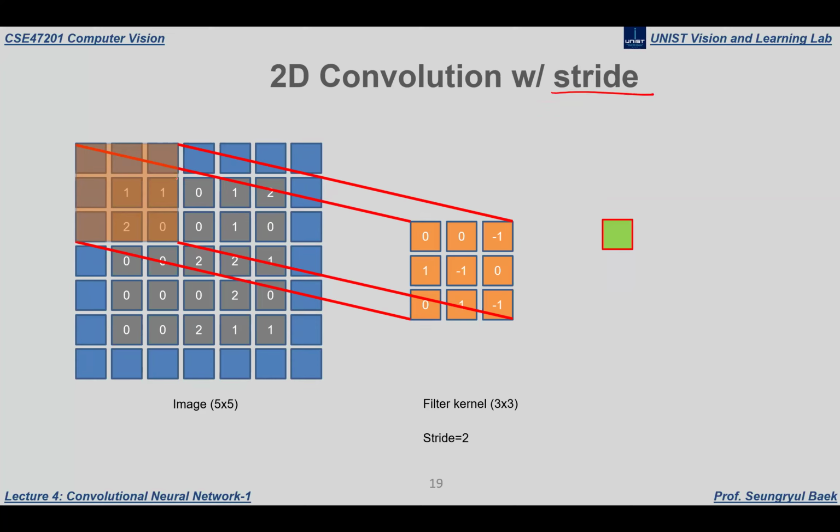Previously, if we apply convolution by moving this window by 1 pixel, then 3 outputs can be generated.